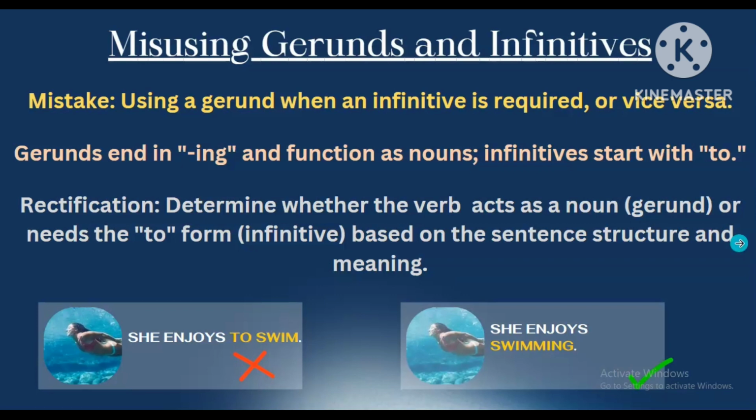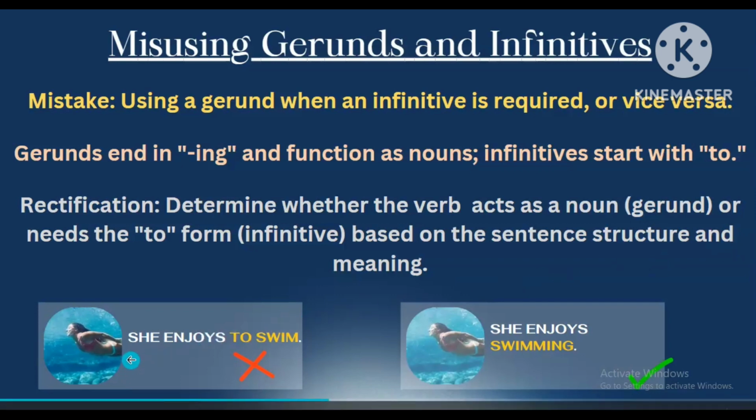Remember, gerunds end in ing and function as nouns. So, it will be answering what. And infinitive start with to. Simple enough. And to rectify this error, first you have to determine whether the verb acts as a noun or needs the to form based on the sentence structure and meaning.